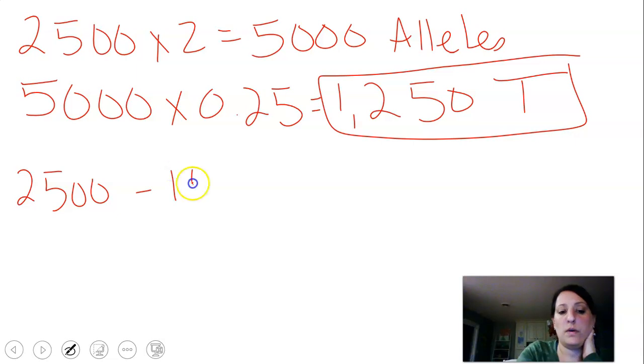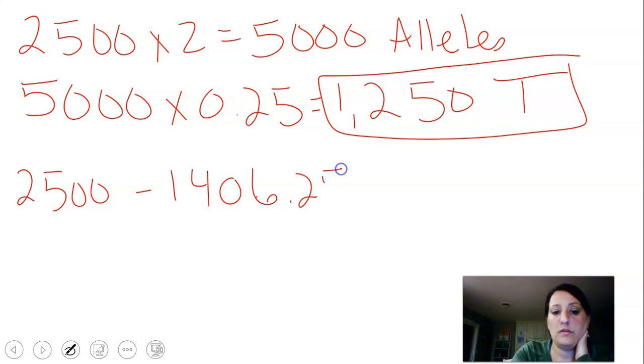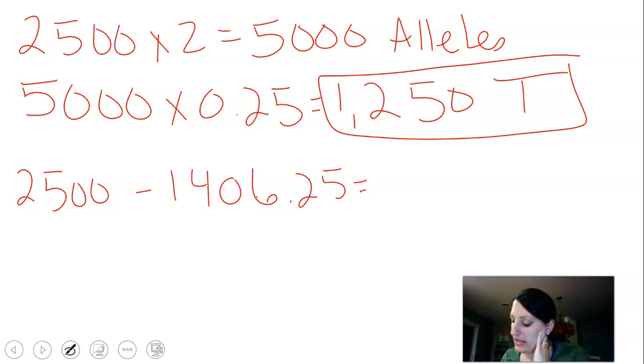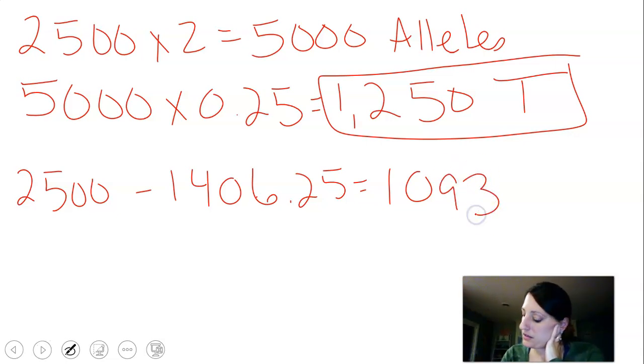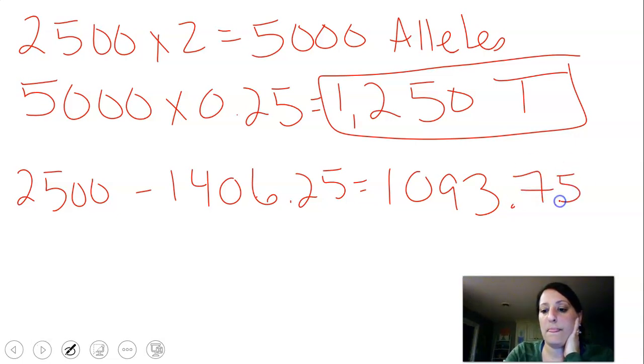We lost 1,406.25 people. So how many people remain in the population? So if you just do that subtraction, it's going to be 1,093.75 people. Great. How many alleles is that? So we got to multiply that by 2.